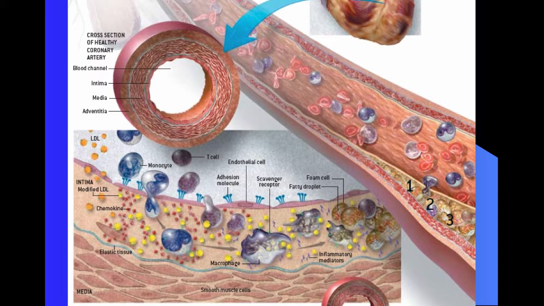Okay, so now the macrophage has accumulated LDL. Step number 3 is when a fatty streak forms. That's the accumulation of lipids by macrophages causes the macrophages to become foam cells. So foam cells are macrophages that have accumulated too much lipid, and the cells become dysfunctional. Okay?